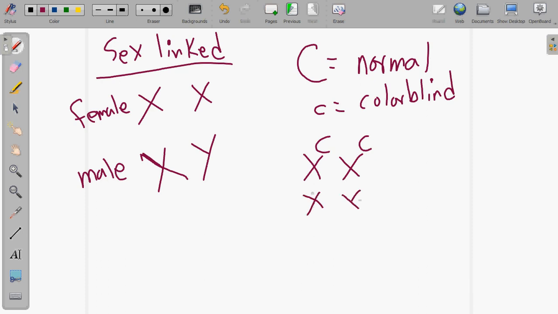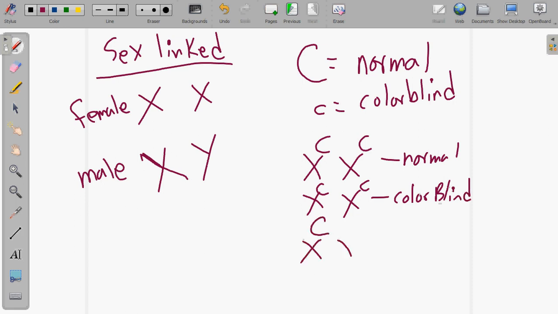Or we could have a female that is homozygous recessive. Okay, so this is normal vision. This is colorblind. And we could have a female that is heterozygous. They will have normal vision.